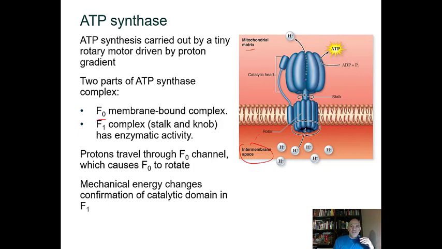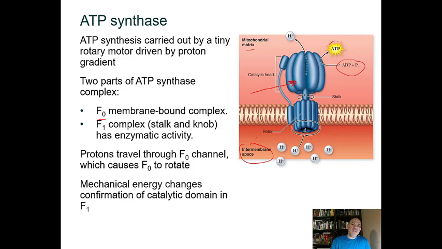As it rotates, it changes the shape of the F1 complex, and it changes it into a conformation that activates it. So it's in the inactive form, and then as the protons are moving through there, its conformation changes, the shape changes, and that is going to activate it and allow the ADP and the inorganic phosphate to be combined through the enzyme action of this ATP synthase.